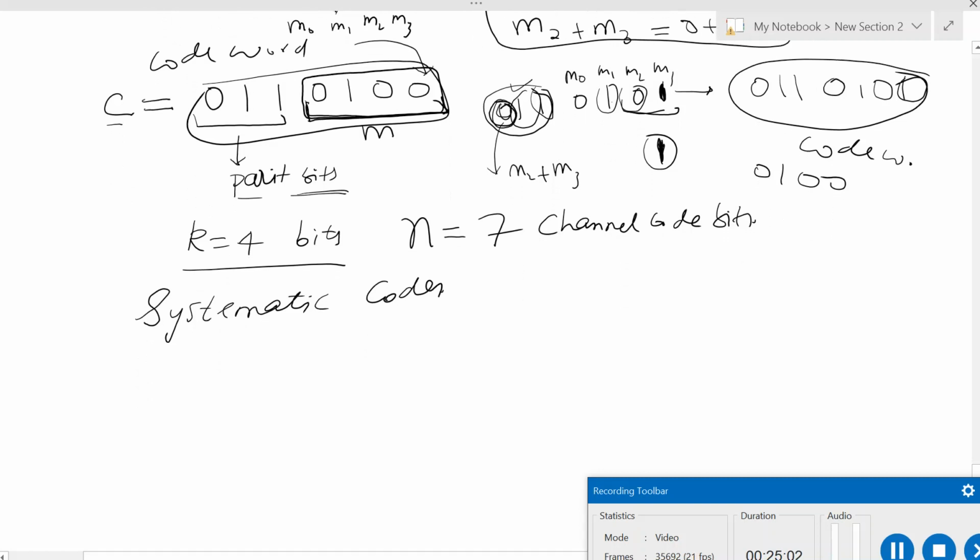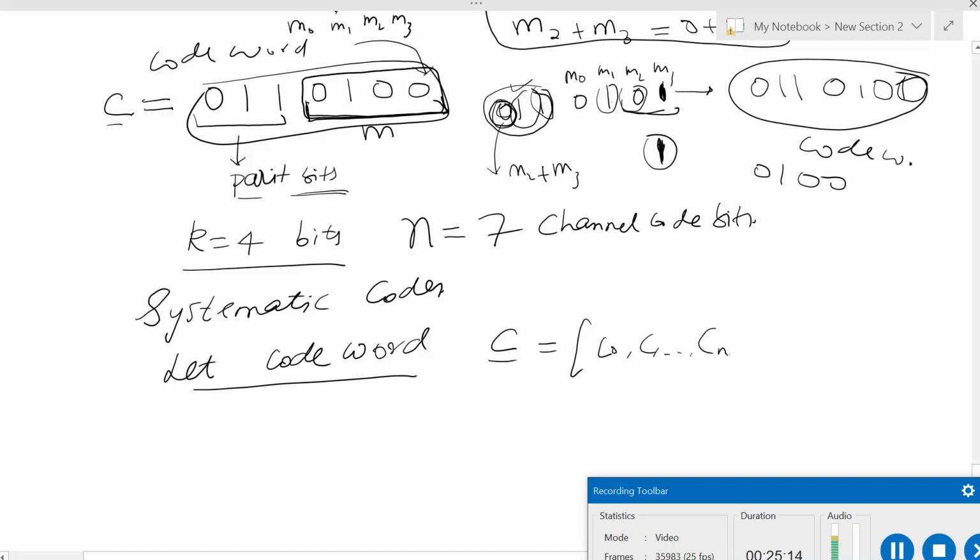Now let the code, we call it code word also, C equal to C0, C1 up to Cn minus 1. So it's an n length vector.